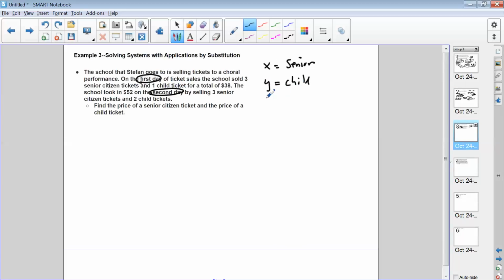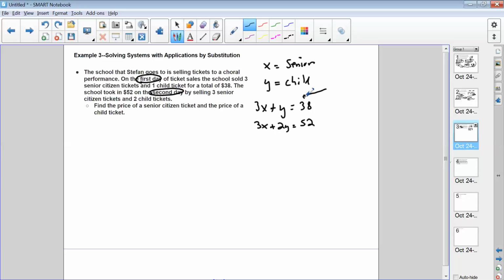So it looks like day 1 and day 2. So the first day they sold 3 senior tickets, 1 child, and they made $38. And then the second day they sold 3 senior, 2 children, and made $52.